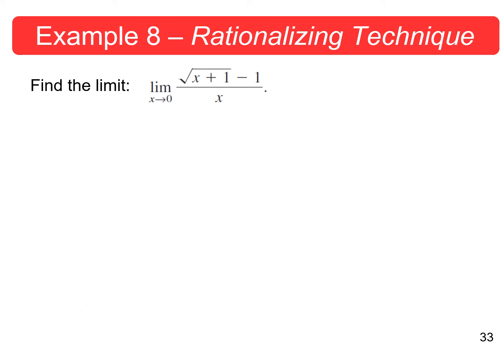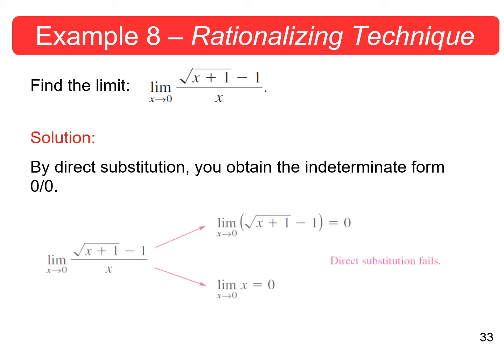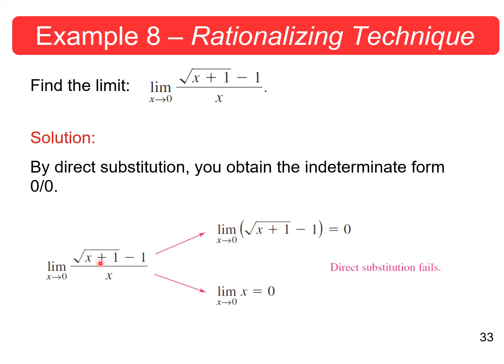Now let's consider this example here. If we use the direct substitution method, you will obtain an indeterminate form of 0 over 0. So if you try to evaluate the limit of the numerator as x approaches 0, you get 0.